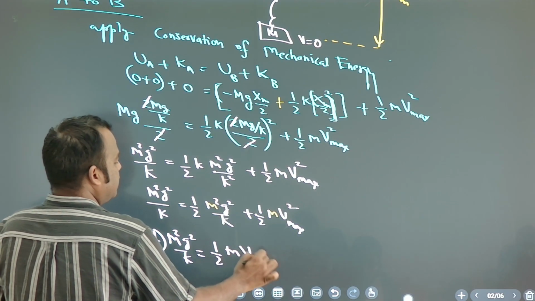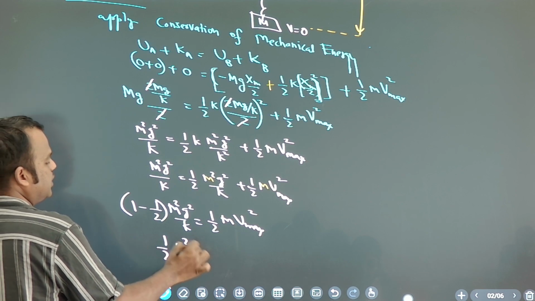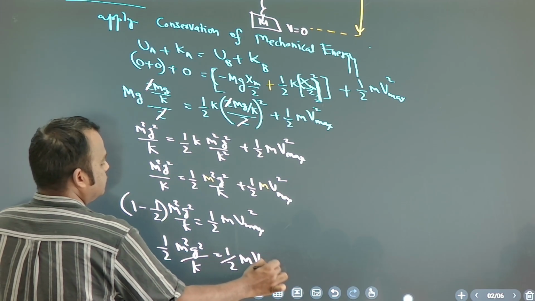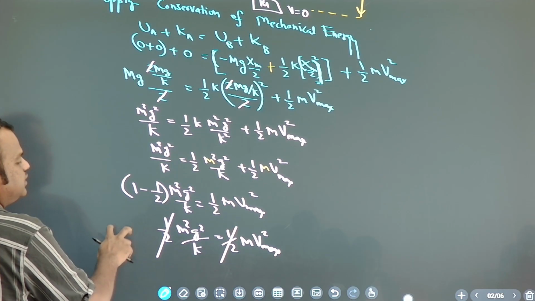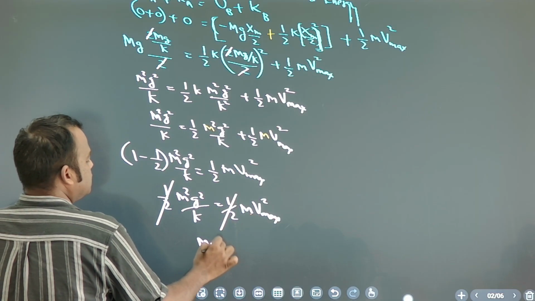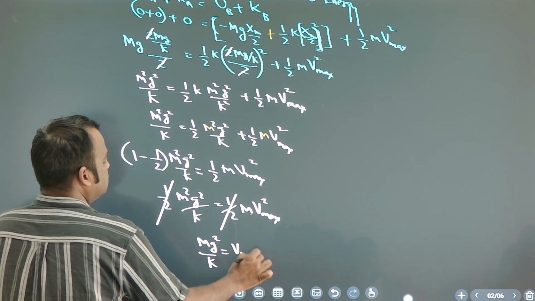So 1 by 2 m square g square by k is equal to 1 by 2 m v max square. 1 by 2 cancel. So m g square by k is equal to v max square.